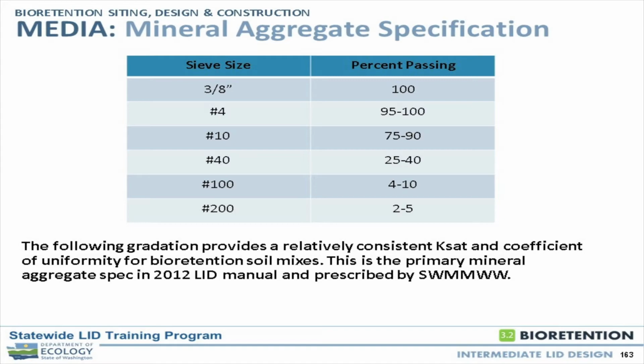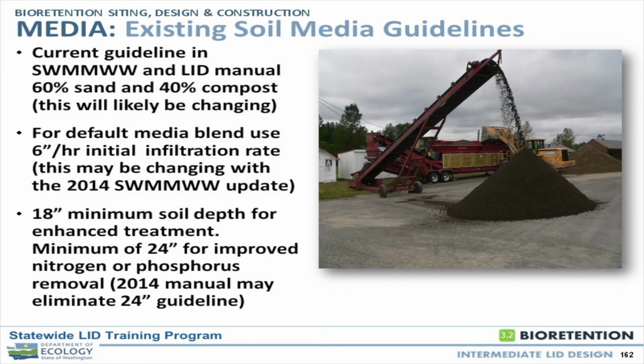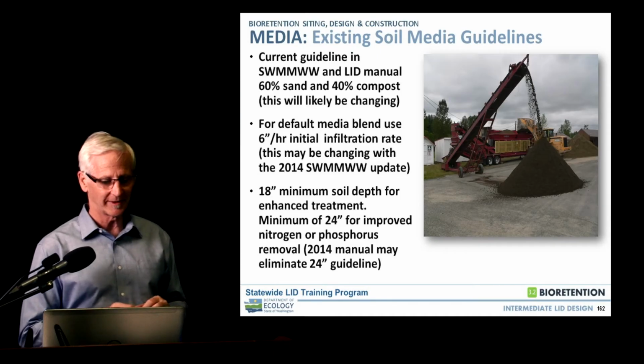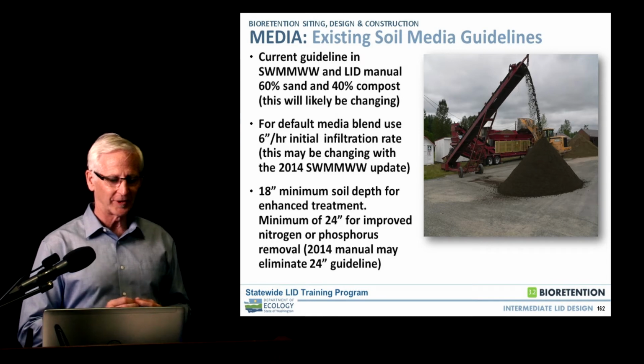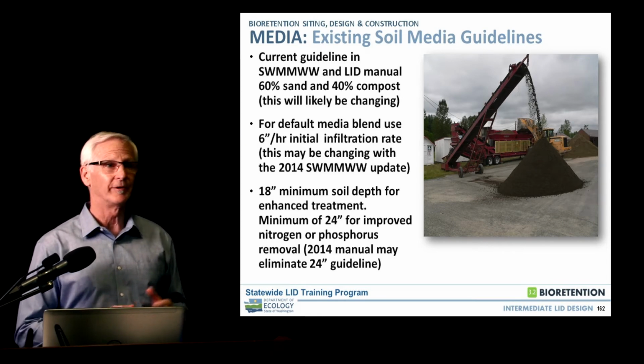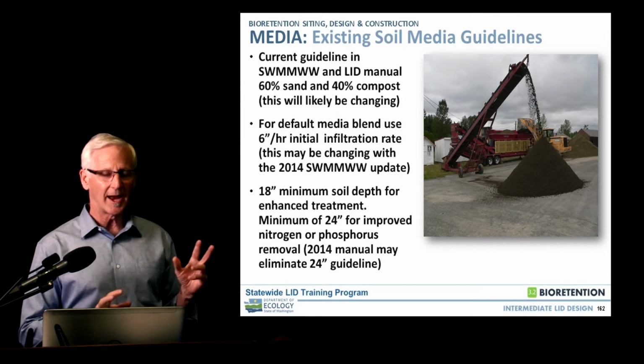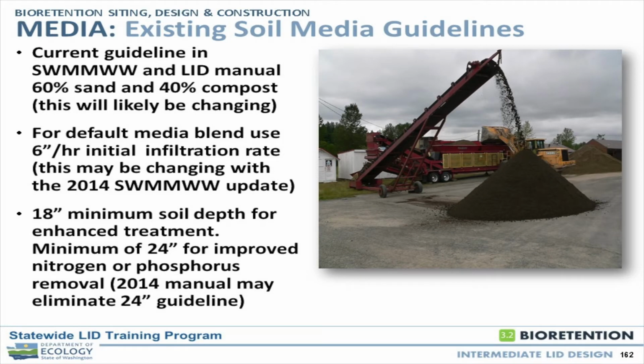It's in the manuals. And I should mention, going back here, this 6 inches per hour has changed to 12. We just recently assembled the research and data out there on the measurements we've done in this region on bioretention media and found that the infiltration rates can be quite high, 30, 40, 50, 60 inches per hour, and that in reality, for the default blend, it should be more than 6 inches, and we were able to push it up to 12.